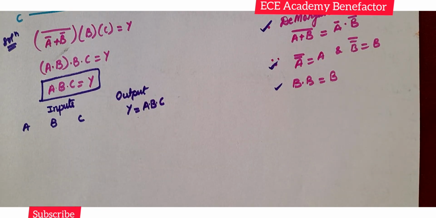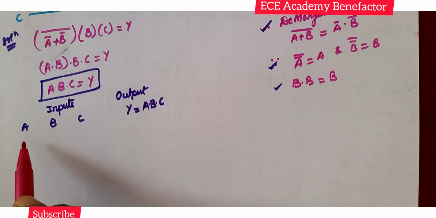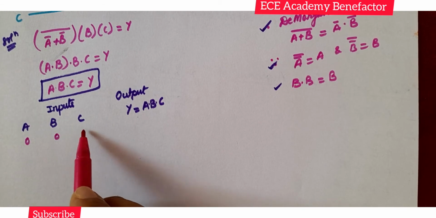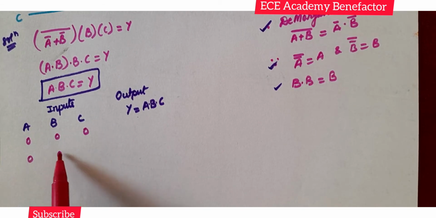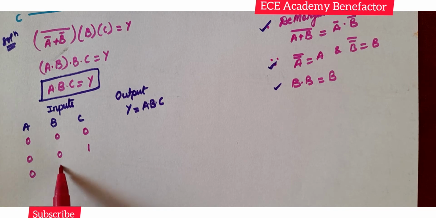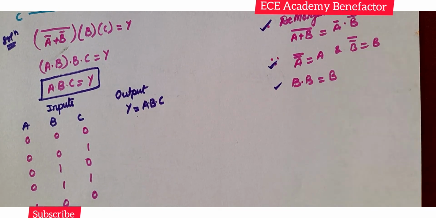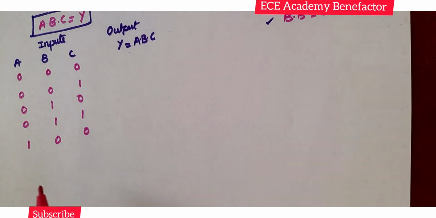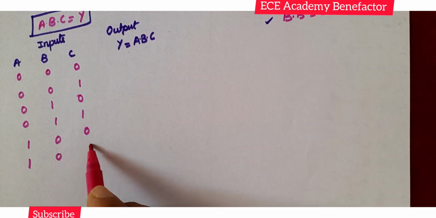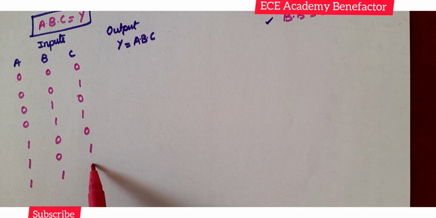Okay. When we have 3 input variables, how many possible combinations are there? Total 8. They are 000, 001, 010, 011, 100, 101, 110, 111.